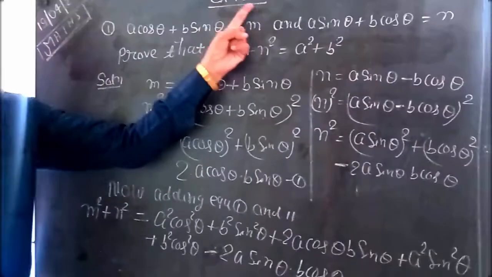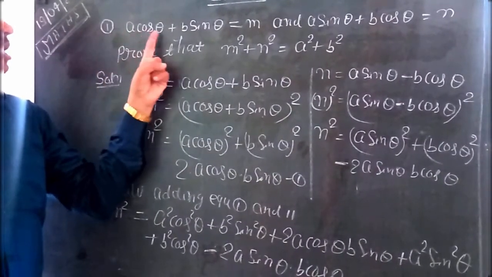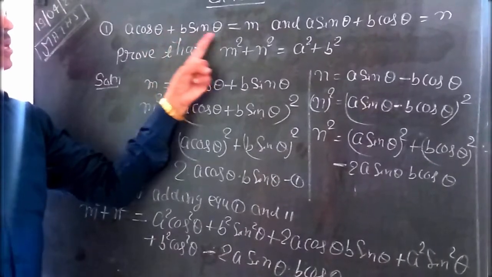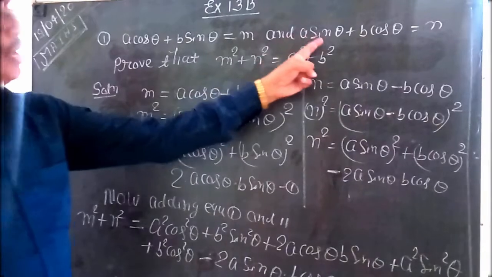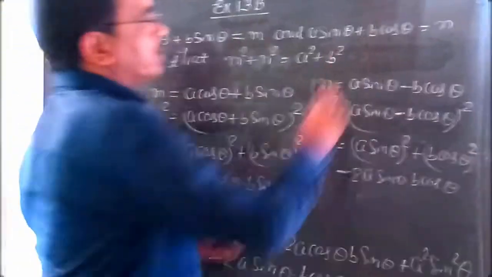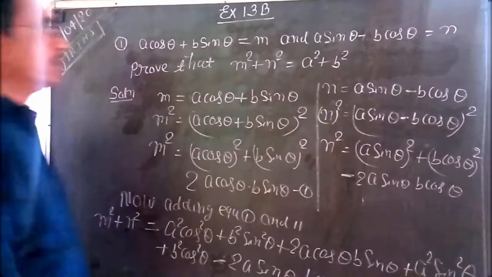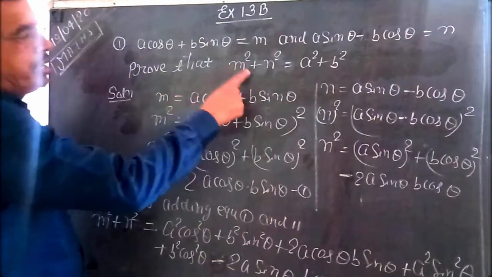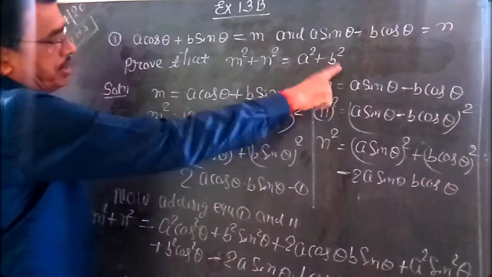Now in exercise 13b, question first, that is a cos theta plus b sin theta is equal to m, and a sin theta minus b cos theta is equal to n, and you have to prove that m square plus n square is equal to a square plus b square.